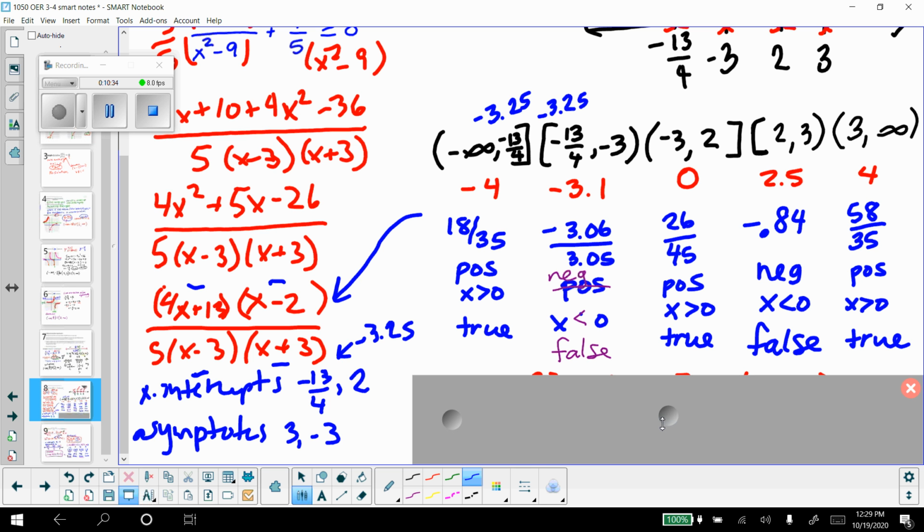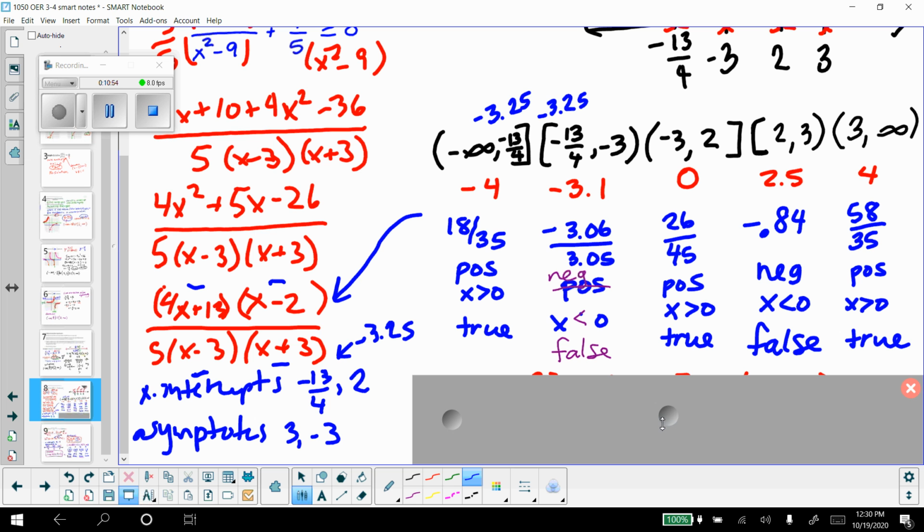And then when I plugged in negative 3.1 into my problem, I ended up with a negative divided by a positive, which gives me a negative value, or less than 0, which makes that interval false in our inequality, because it has to be greater than, not less than. 0 is easy to plug in, right?